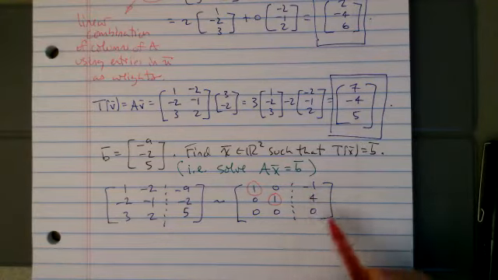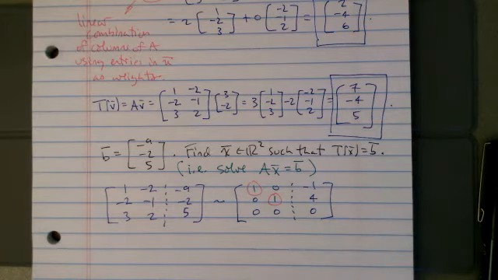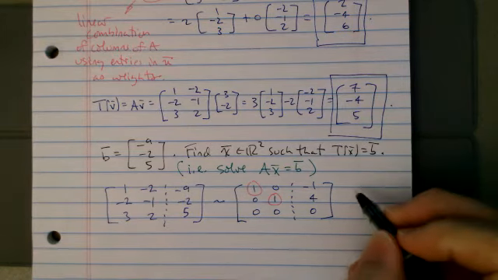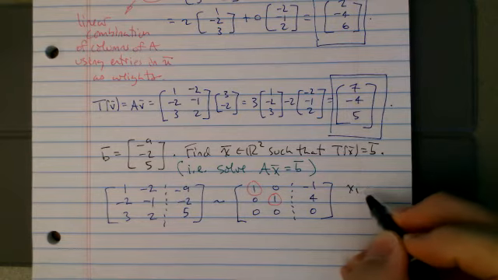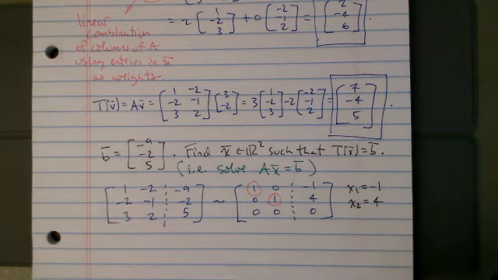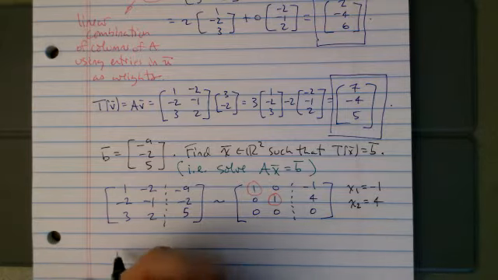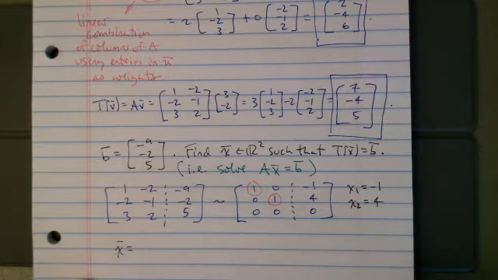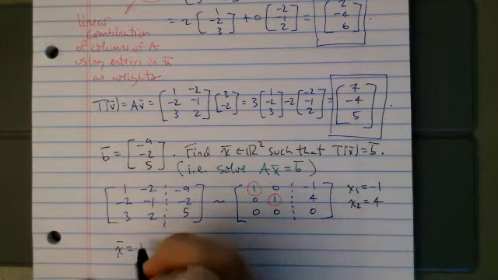This is the augmented part of the augmented matrix. So we've got everything that we need here. So we see that x1 is equal to -1 and x2 is equal to 4. There is no x3. So the vector x that we were looking for is -1, 4.